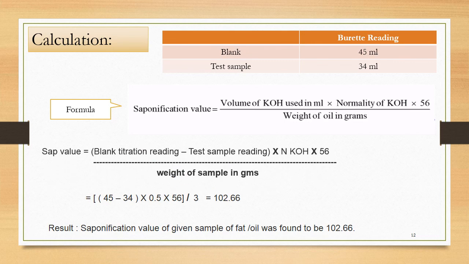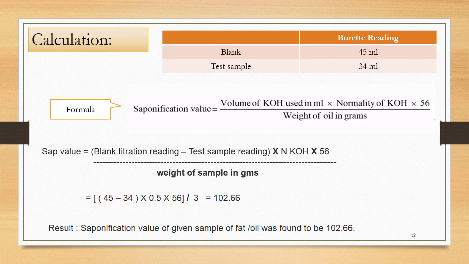You substitute the values into the formula. The blank titration reading was 45 minus 34, the test sample reading. The normality of KOH we used is 0.5 normal, into 56, which is the molecular weight of KOH, divided by 3, because if you see the procedure, we have taken 3 gram of sample. So here I have written 3. The value which we have obtained is 102.66.